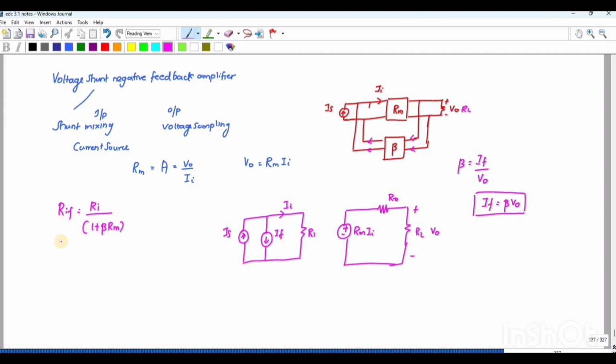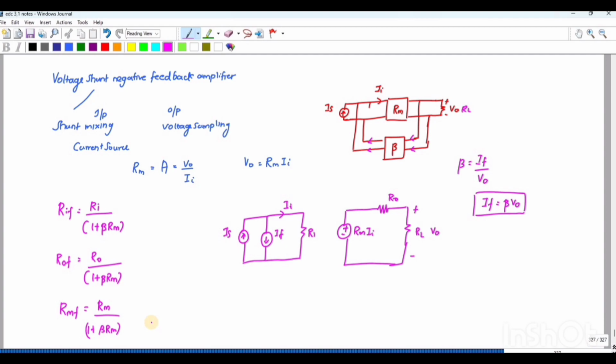This is what I need to get. And gain: negative feedback gain is equal to Rm divided by 1 plus beta into Rm. This is what I am supposed to get.